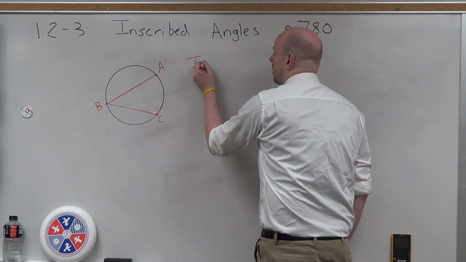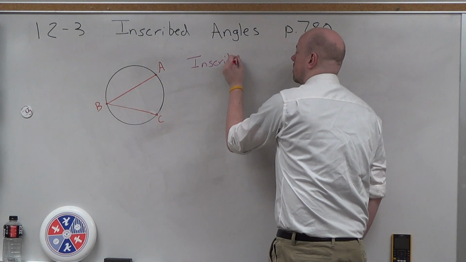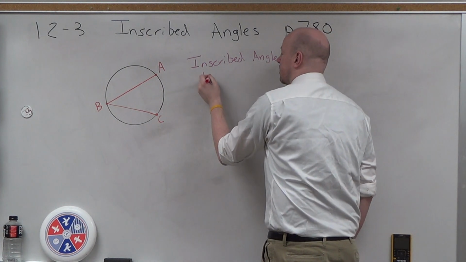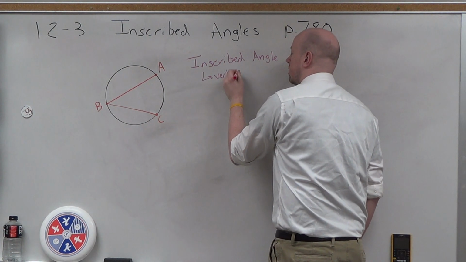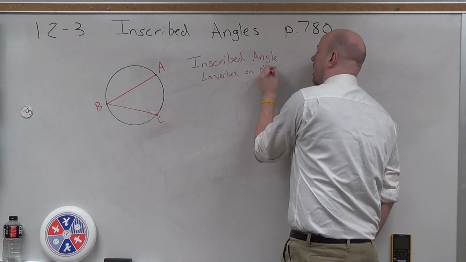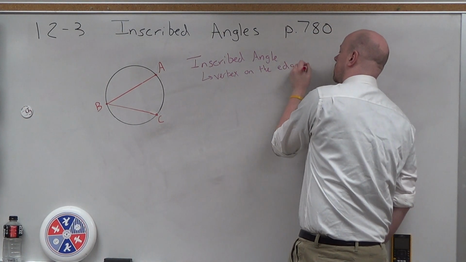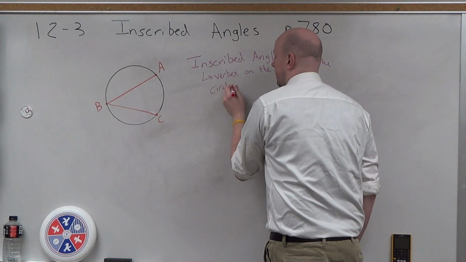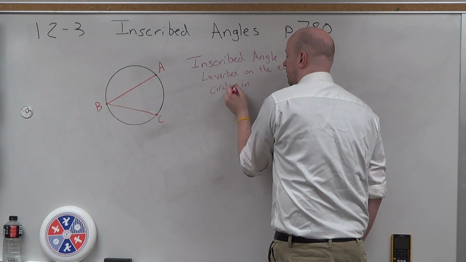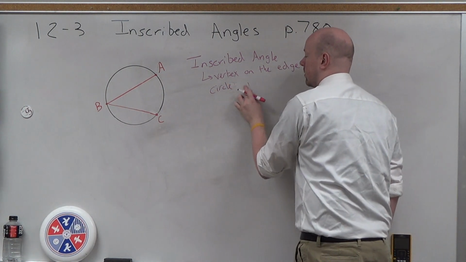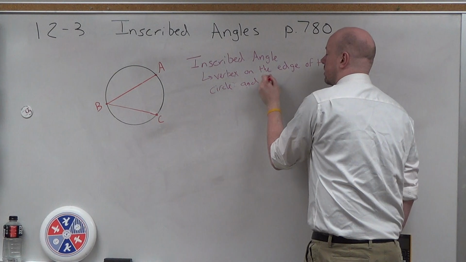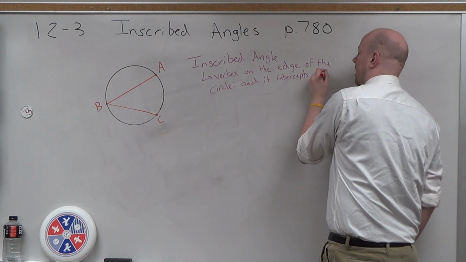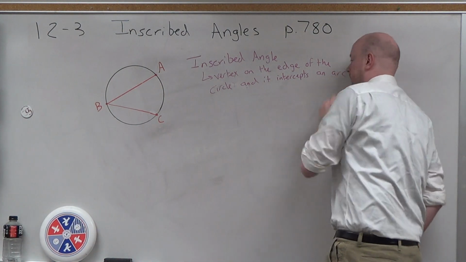So an inscribed angle has its vertex on the edge of the circle and it intercepts an arc.